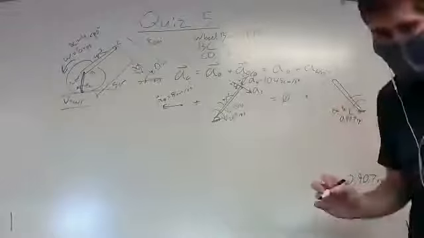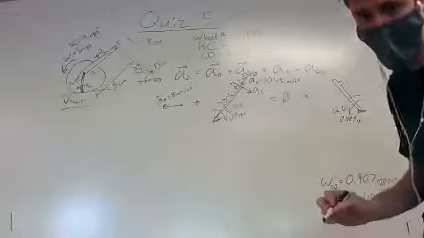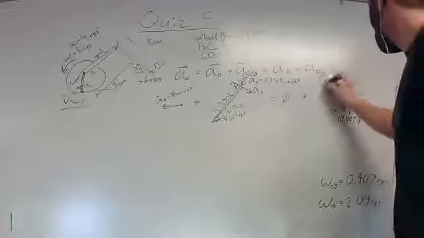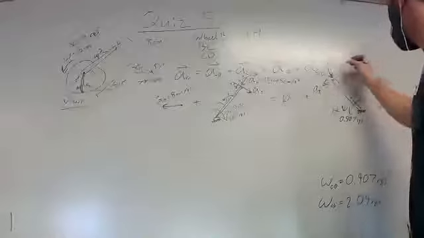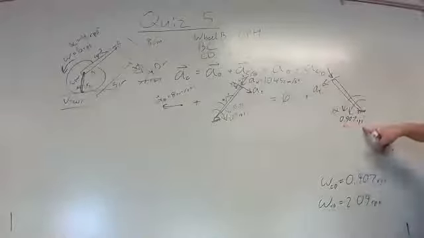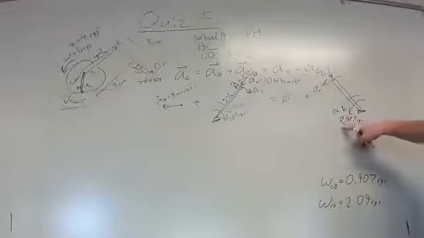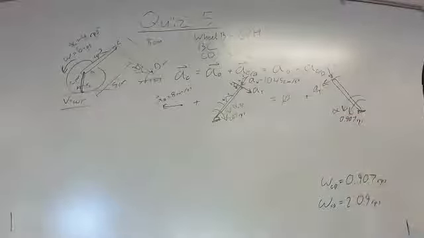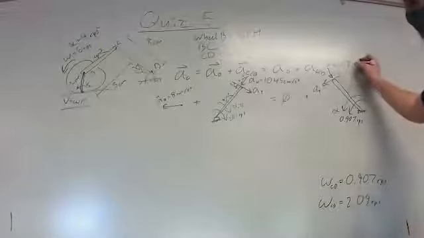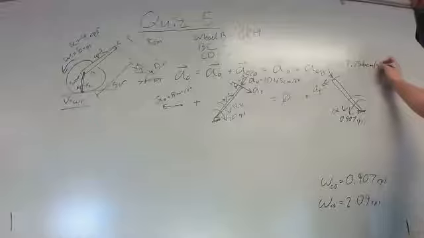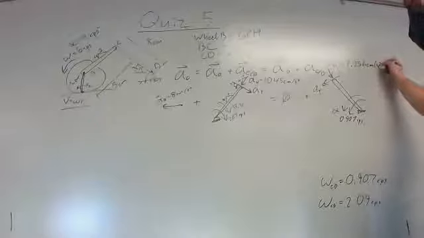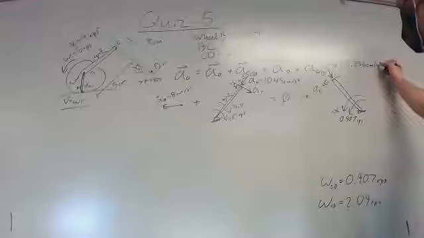And it also has an unknown alpha along with the same AT and AN setup times 8. For 7.256 centimeters per second squared.